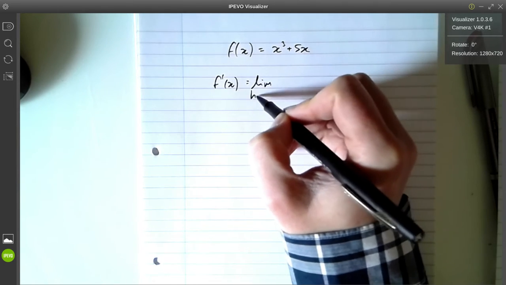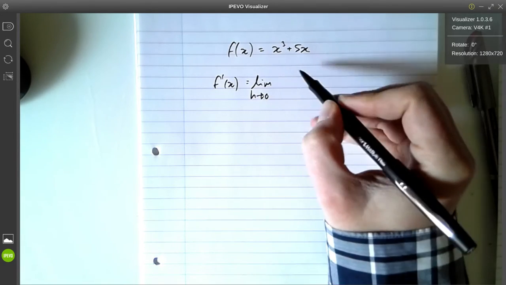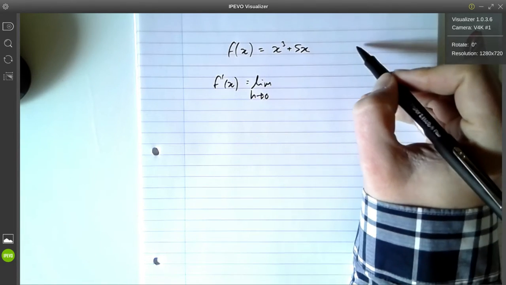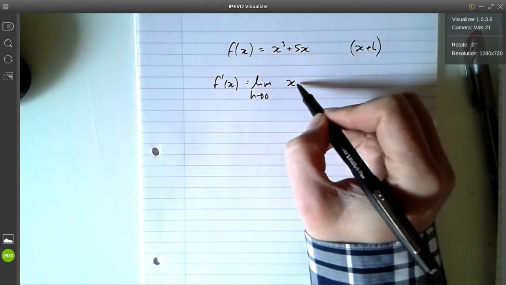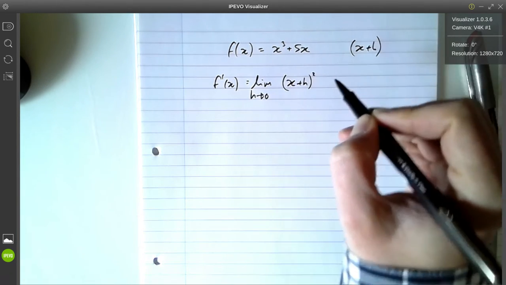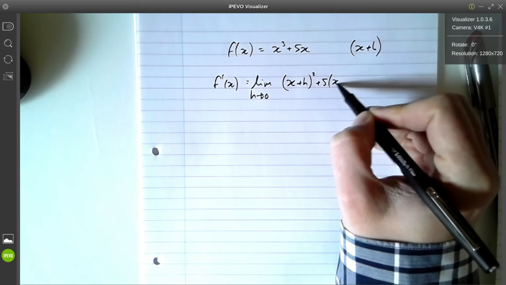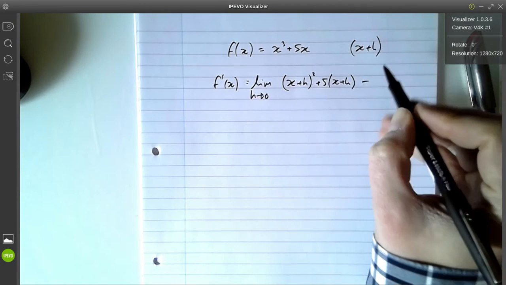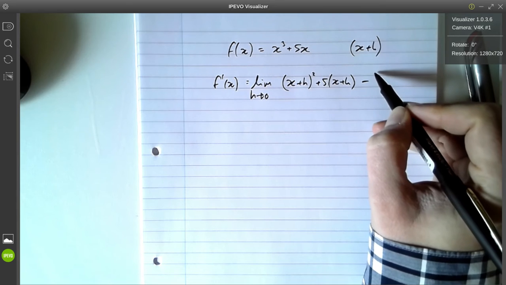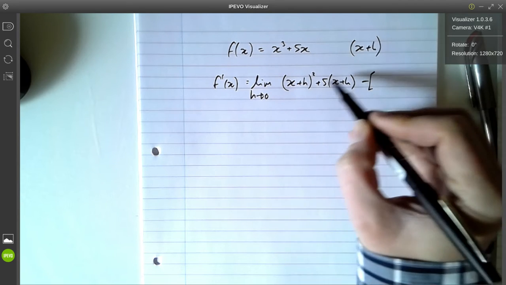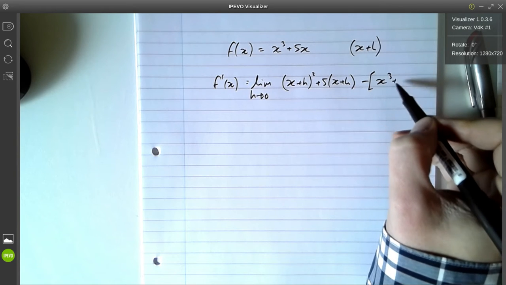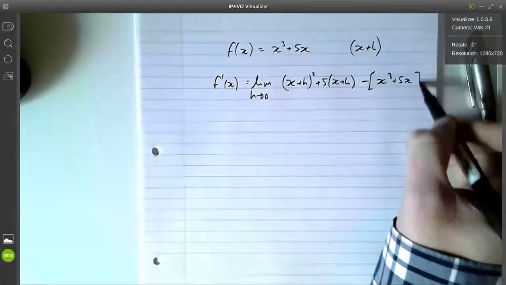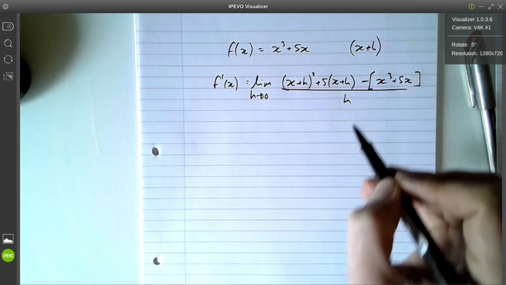It's going to be the limit as h tends towards 0 of that function, but with x plus h subbed in as x. So it's going to be x plus h cubed plus 5 of x plus h, and then we take away all of this function with x substituted into it. So it's going to be x cubed plus 5x, all subtracted here over h.